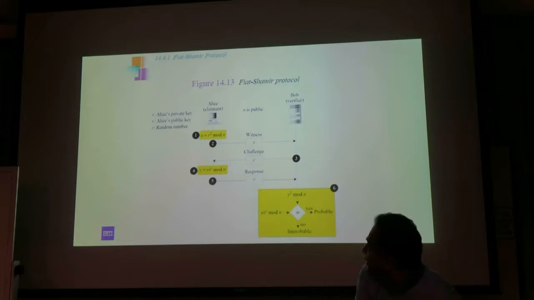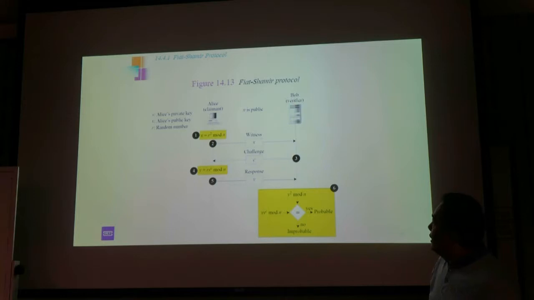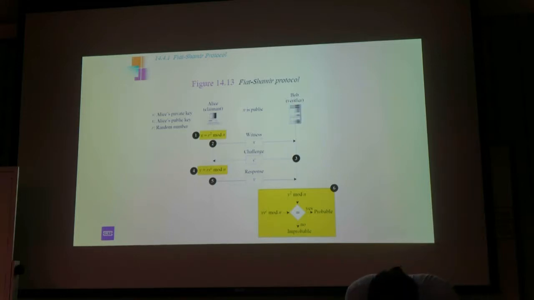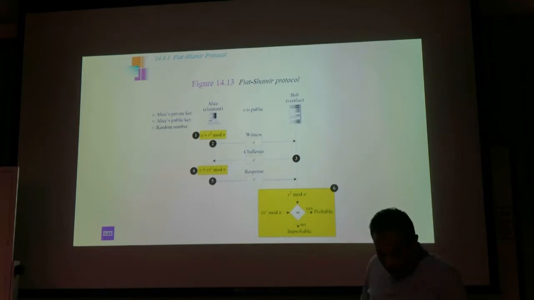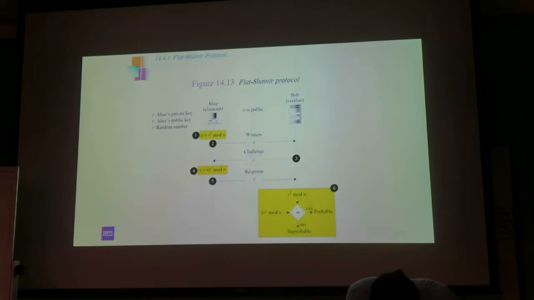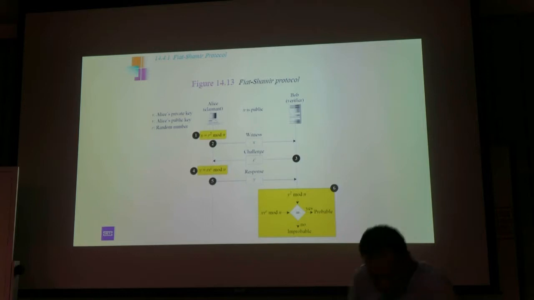So the first one is Fiat-Shamir. Basically they announce a number in public. In the Fiat-Shamir protocol, they use a trusted third party.